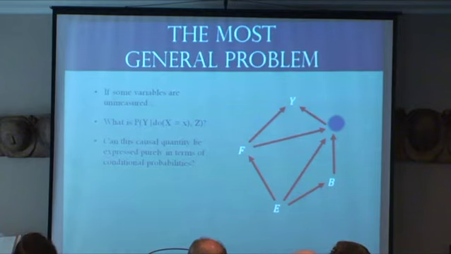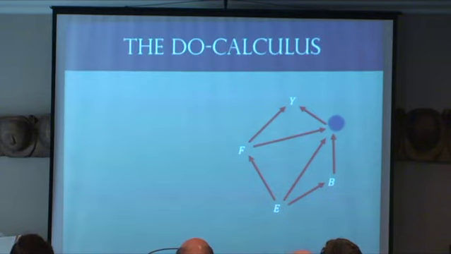We want to know what's going to happen when we intervene on the value of a variable. So we're not just interested in observed correlations. And the question is, can we express this causal quantity using just the probabilities that we've observed, just the probabilistic correlations? And in answer to this question, he developed what he called the do calculus.